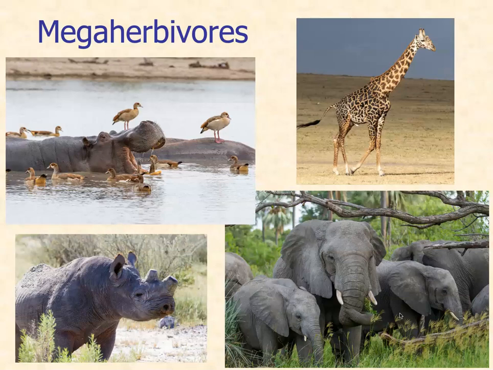The hippo is considered a mega herbivore, and hippos are basically regulated by the amount of food available, so that's bottom-up regulation. A young giraffe is vulnerable to predators, but a full-grown giraffe is not very vulnerable to predators. So again, that's bottom-up regulation.